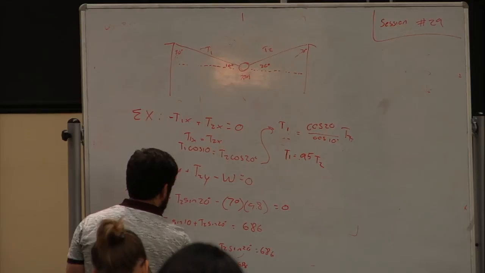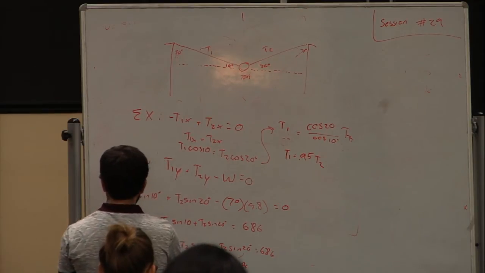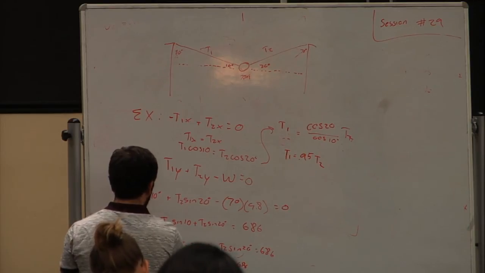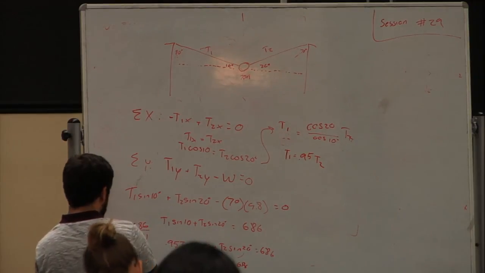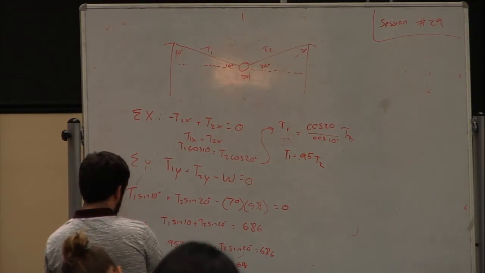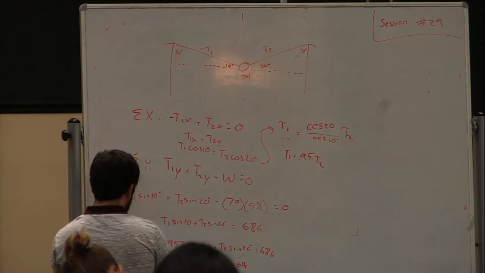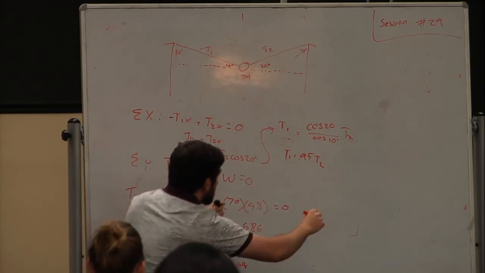Now if I wanted to solve for T2, we would just do 686 divided by 0.51. That's going to give us roughly 1,300. So 1345. So that's our T2. We just solved for T2. How am I going to solve for T1?